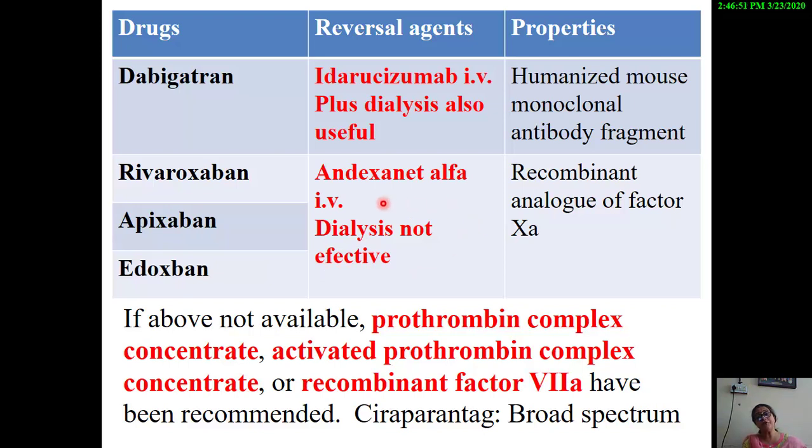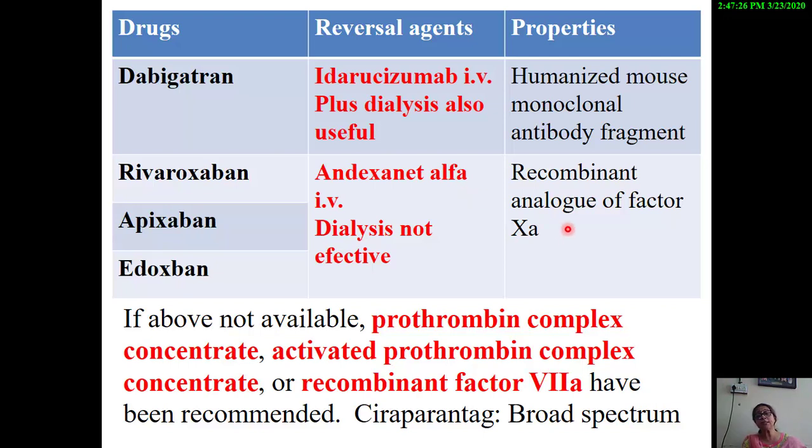also given by the IV route, and chemically it is a recombinant analog of factor 10A, which means that it is a modified factor 10A, where the affinity of this particular compound, andexanet, is much greater to rivaroxaban, apixaban or edoxaban as compared to the affinity of factor 10A.